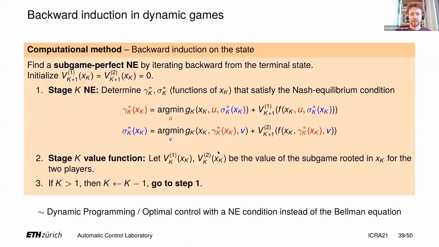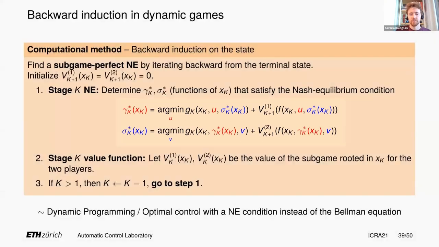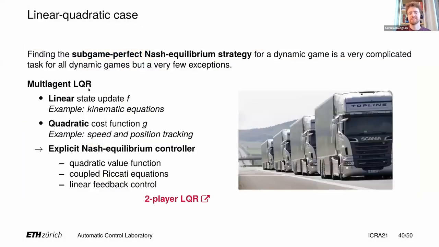Now the bad news about this: the closed form solution for this kind of Nash equilibrium condition, in the same way in which in optimal control you can do maths beyond linear quadratic regulators, is also only available for very special cases. For example, for multi-agent linear quadratic regulators. Okay? So if you want an exact solution, then you need to restrict to very few exceptions.